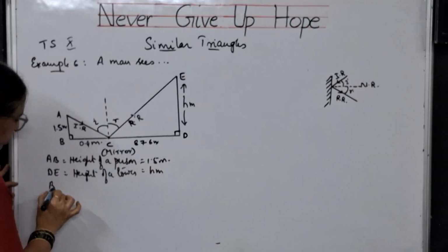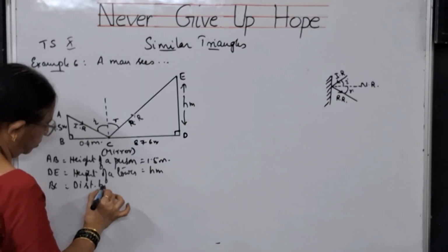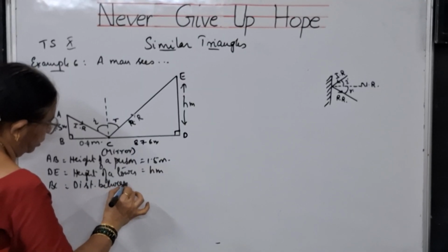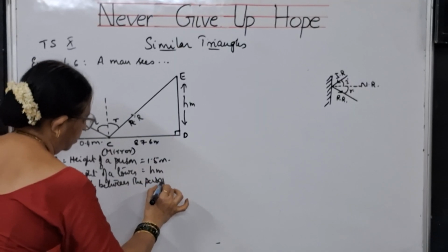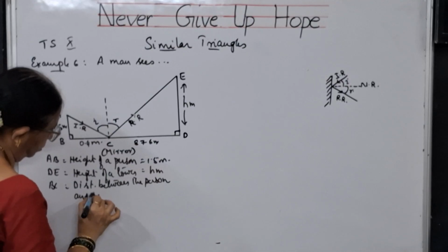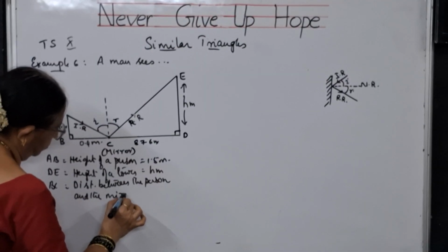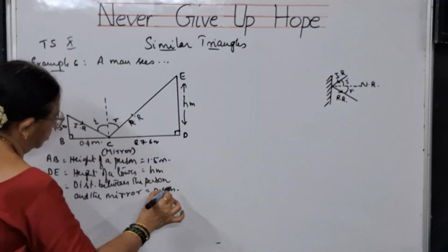So BC is the distance between the person and the mirror, that is equal to 0.4 meters.